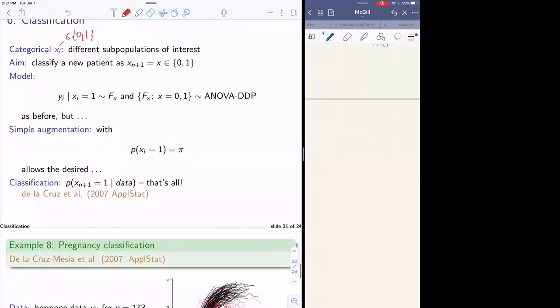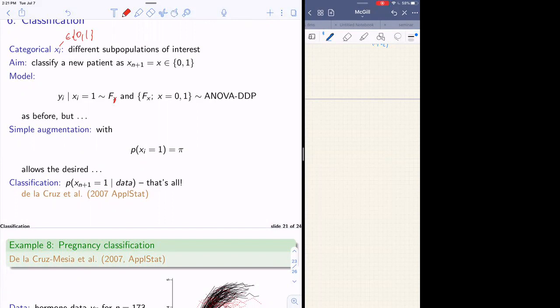And then we have some data. Say the data yi, conditional on a patient having xi equal 1, comes from f1. So there's a distribution of responses under x equal 1, and a distribution of responses under x equals 0.